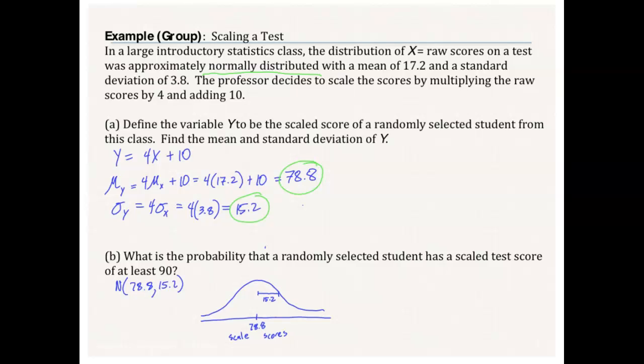So at least 90, let's say 90 is going to be somewhere over here. At least, they mean 90 or greater, right? So we want to know what that area is. All right, if I'm computing a probability, I need to use a probability notation. So I want the probability that y is at least, meaning greater than or equal to 90.